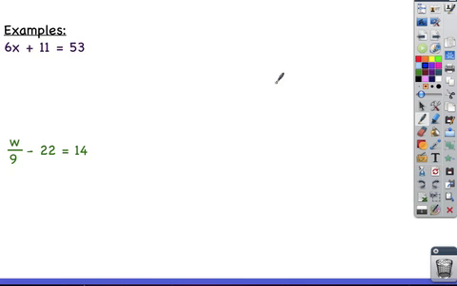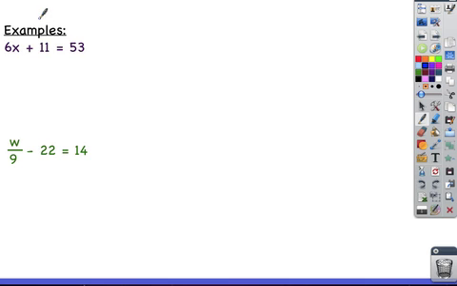So for example, if we have 6x plus 11 equals 53, right now we have multiplication and addition occurring to our x. So the question becomes, which do I get rid of first, the plus 11 or the times 6? Well, since we're being investigators and retracing our steps, we go in the reverse order of order of operations.